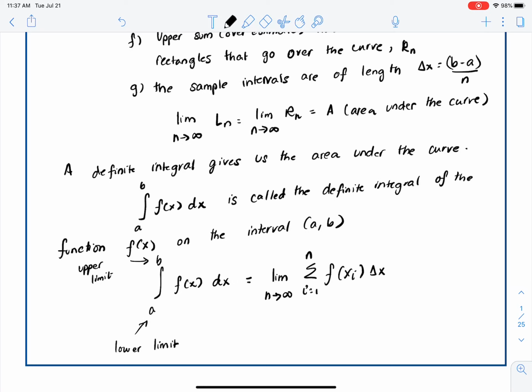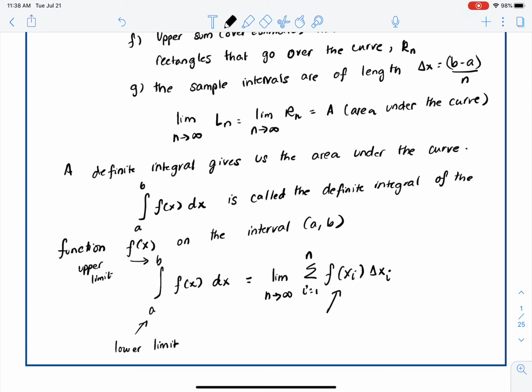So delta x, or we can even call it delta xi, because delta xi need not always be the same. They can be different, but in our case, for the left sum and the right sum, we've had fixed subintervals where delta x were identical.